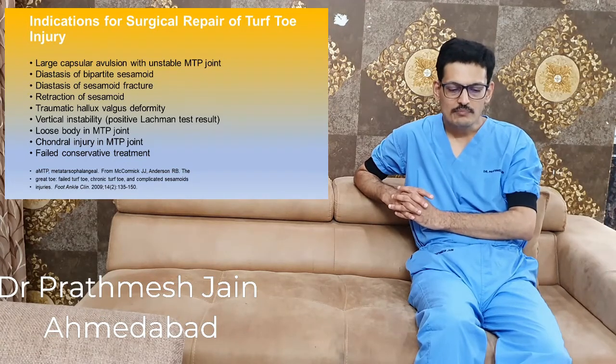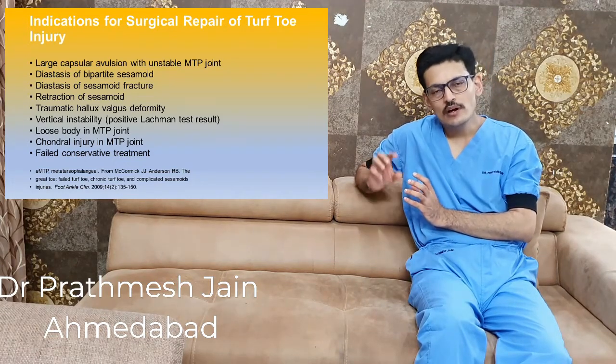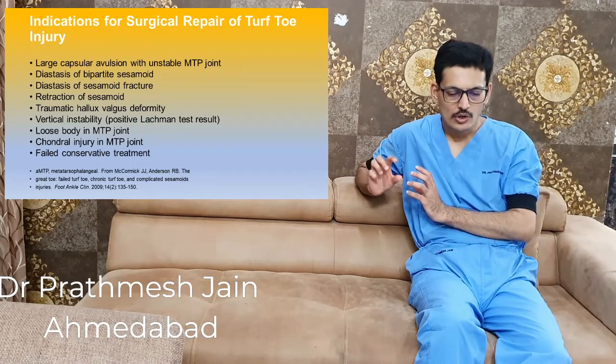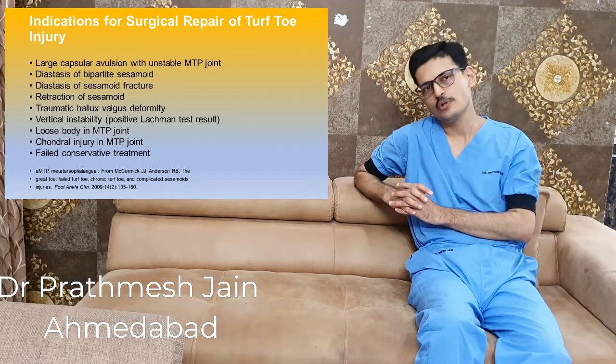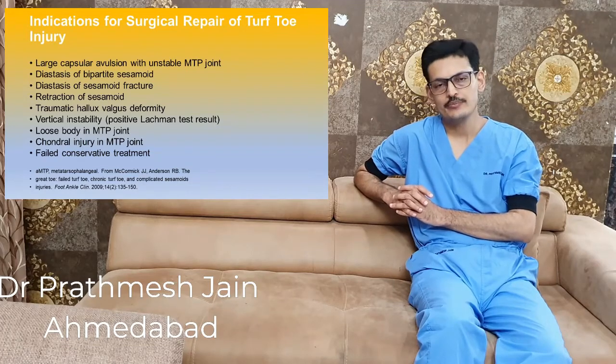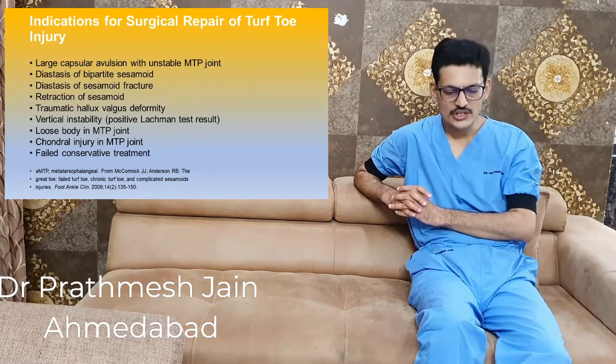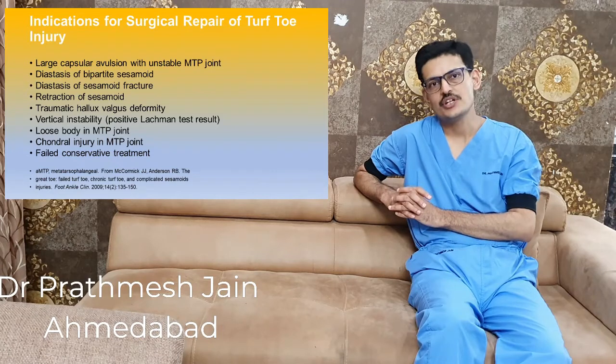If you have a capsular tear which is leading to a positive anteroposterior draw test, a positive Lachman test, which is called vertical instability. These are all the conditions in which you may need a surgical intervention.